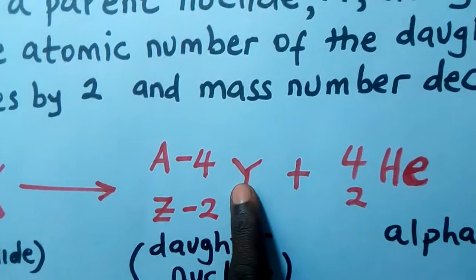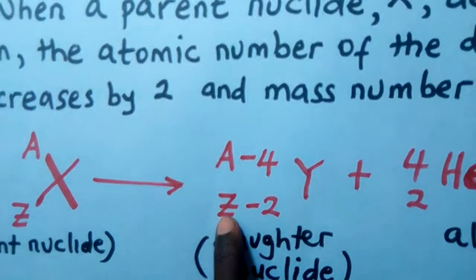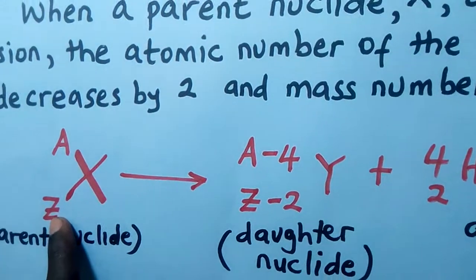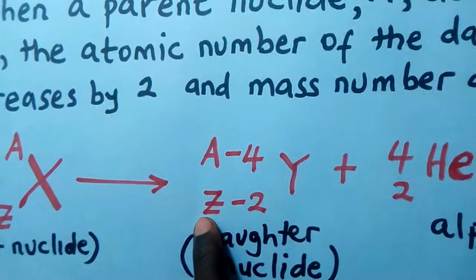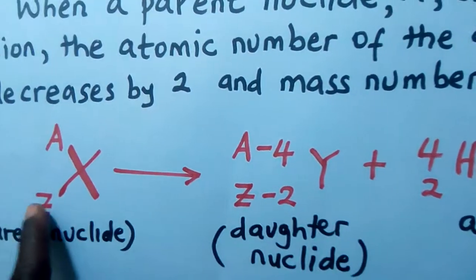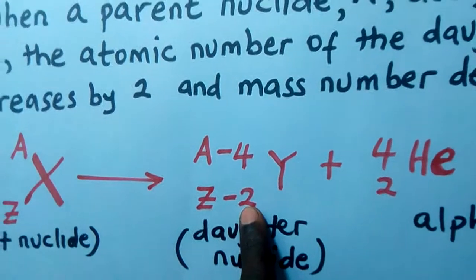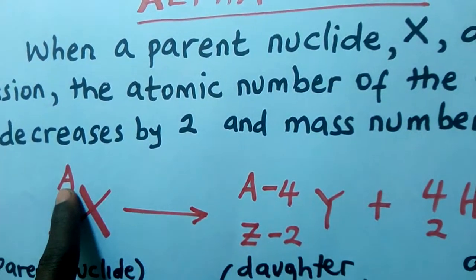So if this is the daughter Y, we are saying atomic number, we use the letter Z. To decrease is to reduce, so minus 2. The atomic number for the parent is Z, so for the daughter it decreases by 2, Z minus 2. So if this is 90, this one becomes 90 minus 2, which is 88. Then the mass number was A for the parent.